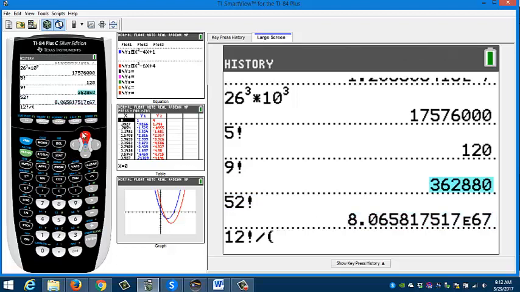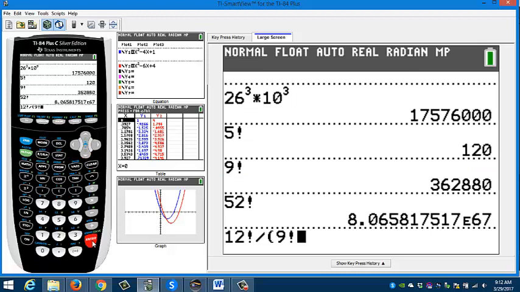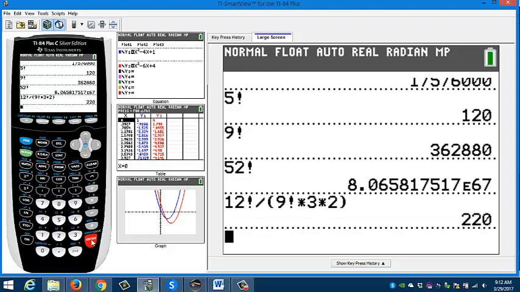Can you just select things? Oh yeah, this is nice. I could just click on 9 factorial and then times 3 factorial. Well, I'll just write 3 times 2. I just don't feel like writing 6. Close parentheses. That's the answer. Does that make sense to you guys? That's the number of ways you can choose.